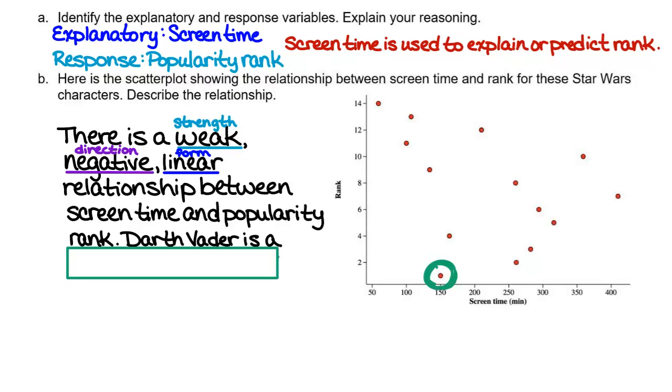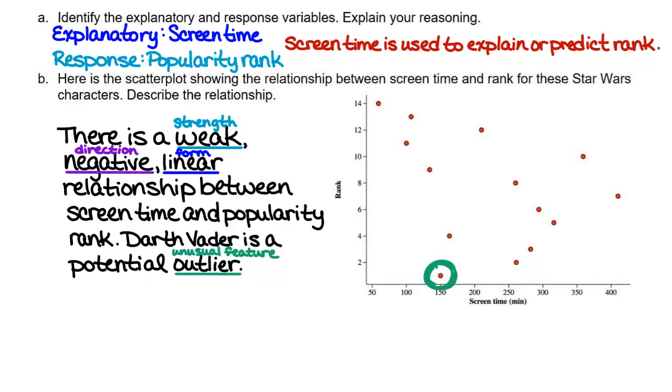He kind of stands out to me. Because if I try to use this pattern of more screen time meaning a better ranking, he doesn't fit that pattern at all. So I would probably describe that as an unusual feature here. He's a potential outlier.